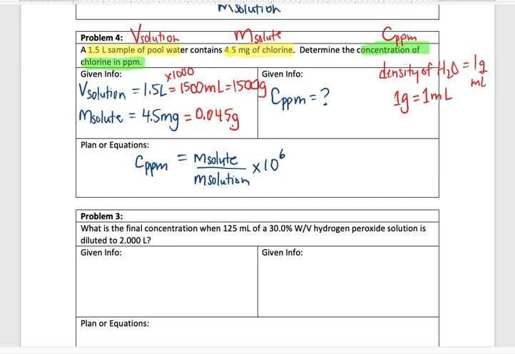Oops, I need another 0. There we go. Now when we go mass divided by mass, the grams cancel out. Times it by the 10 to the 6 parts per million, and we get a parts per million unit at the end.